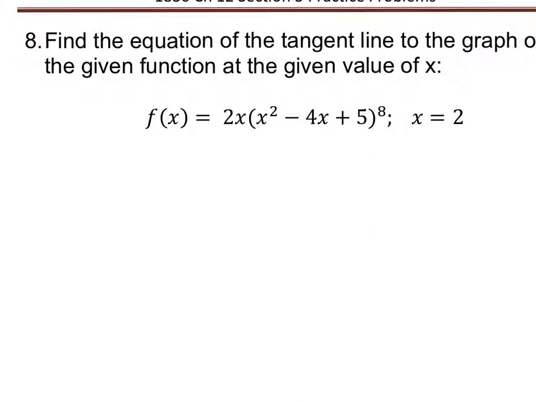And rather than write it all out, I'm going to say you're going to take the n-deriv of f of x with respect to x at the value 2, which means on the TI-84 you're going to do d over dx of 2x parentheses x squared minus 4x plus 5 raised to the 8th power.